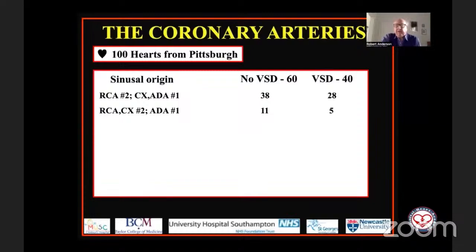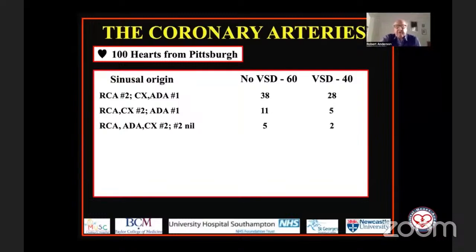You see that in those hearts, if you add the numbers together, 66 of those hearts, two-thirds, had that regular pattern. Another 16%, one-sixth of them, had the second pattern that Diane showed you, in which the circumflex artery arising from the left-handed sinus took a retropulmonary course. But there are many other variants.